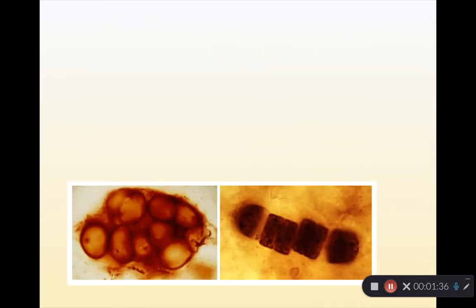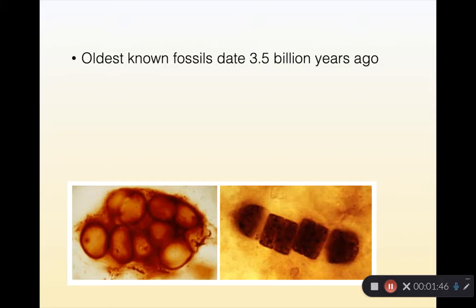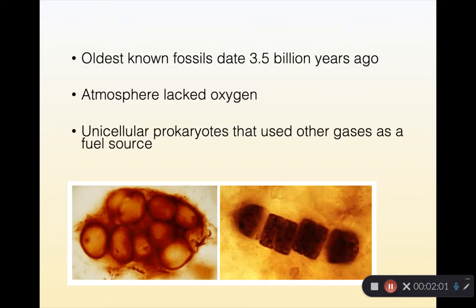So one of the most important fossils, I think, when we tend to think of fossils, we tend to think about trilobites or dinosaur bones. But some of the oldest fossils and most important fossils that we know about are actually things called microfossils. The oldest known fossils today are about 3.5 billion years old. And this is when, just to give you some context, the atmosphere lacked oxygen.